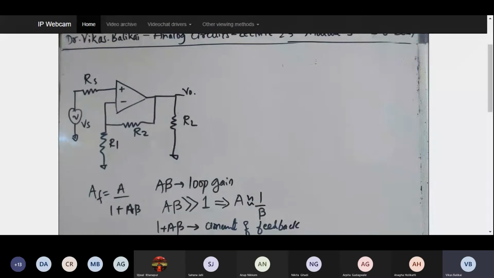Assume that the op-amp has infinite input resistance and zero output resistance, which means the op-amp assumed here is an ideal op-amp. Find an expression for the feedback factor beta. So the first thing asked is to find an expression for beta.